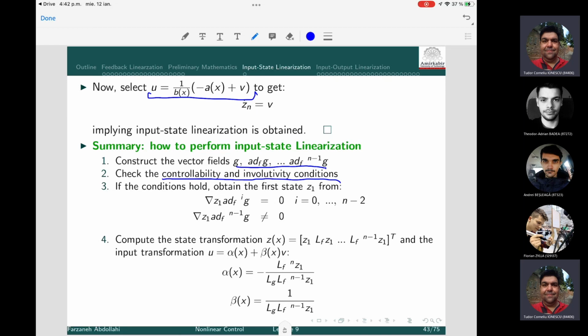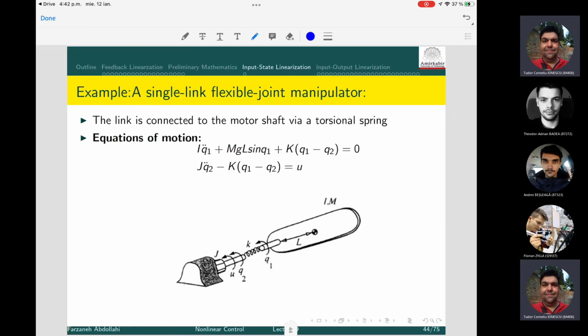If these conditions hold, you get the first state z1 from solving this system. You compute the state transformation of this form. This is how you pick z, and the input transformation with alpha and beta like this. And this is the linearizing input.